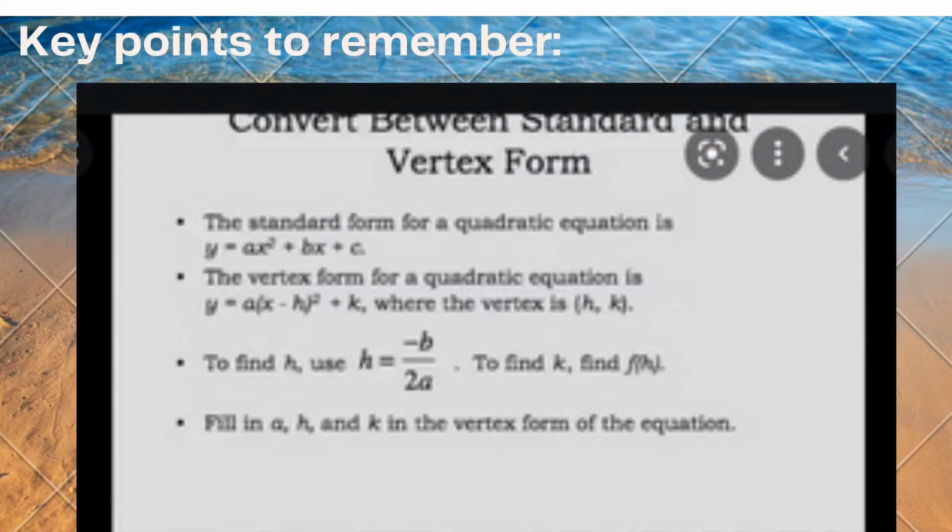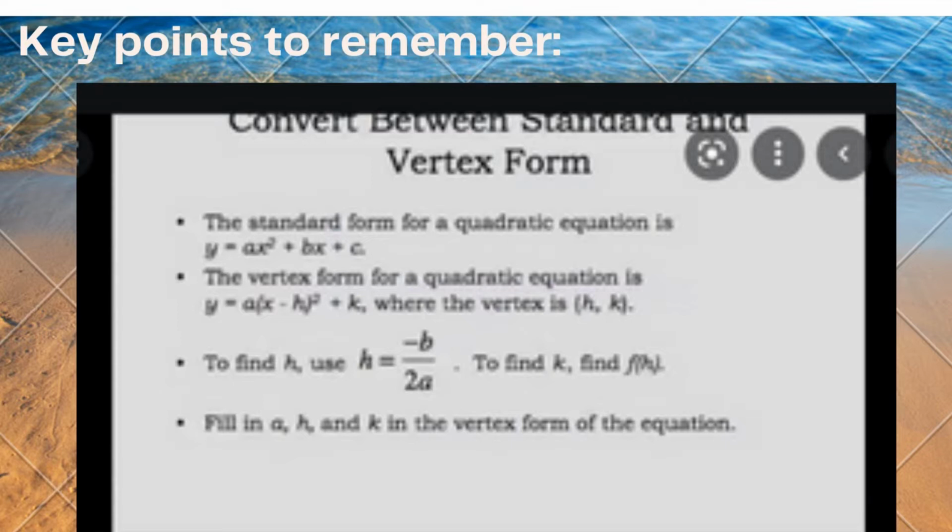So the key points to remember: convert between standard and vertex form. The standard form for a quadratic equation is y equals ax squared plus bx plus c. The vertex form is y equals a quantity x minus h squared plus k, where the vertex is h comma k, or x comma y.